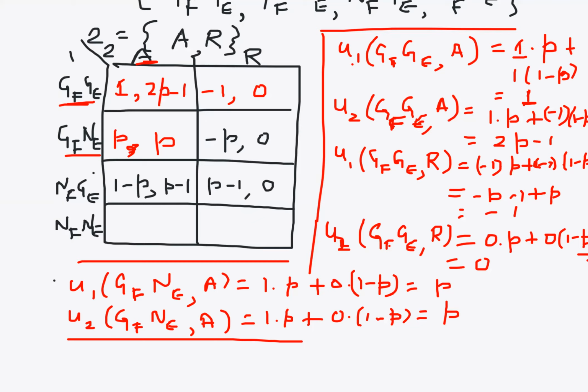And when both types don't give gift of player 1 and player 2 accepts, then we have 0 and 0. And over here, we have 0 and 0.